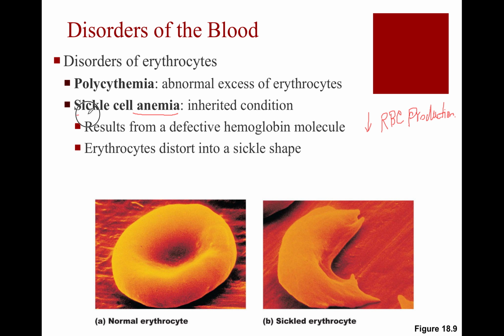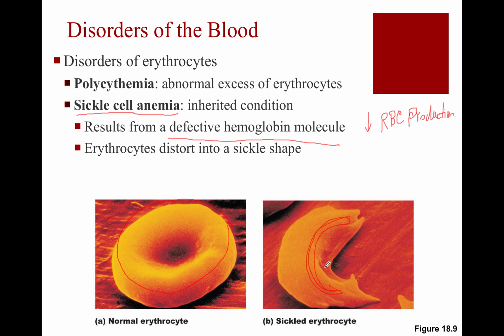Now, sickle cell anemia is a specific inherited form of anemia, which results in a defective form of hemoglobin that causes a change in the shape of your red blood cell. This is a normal red blood cell, what you see here, the donut shape. And this is a sickle shape, kind of like a semi-lunar shape, which gives sickle cell its name.